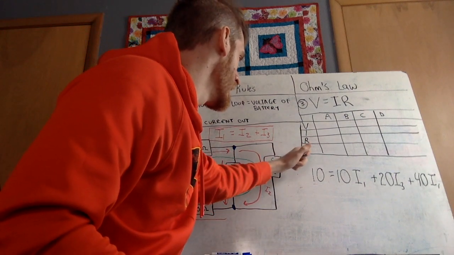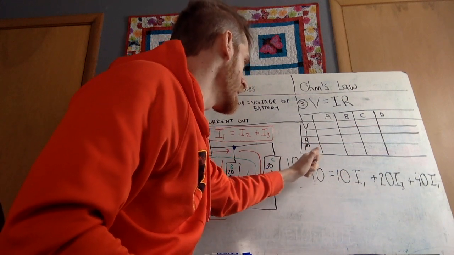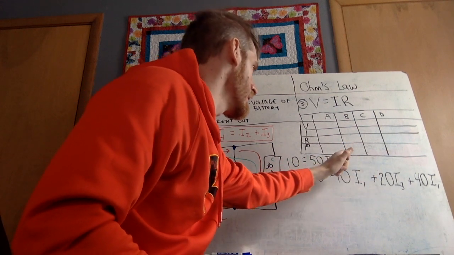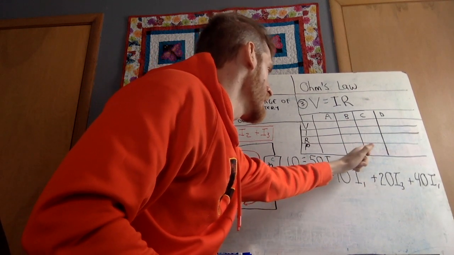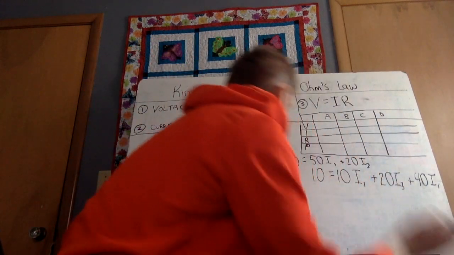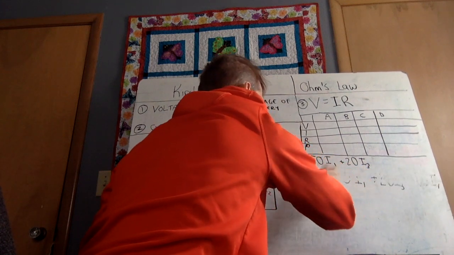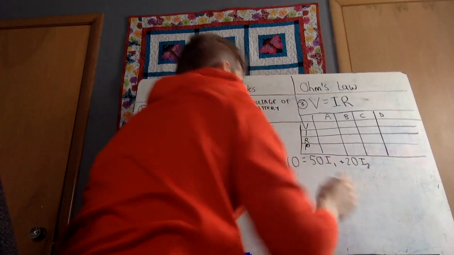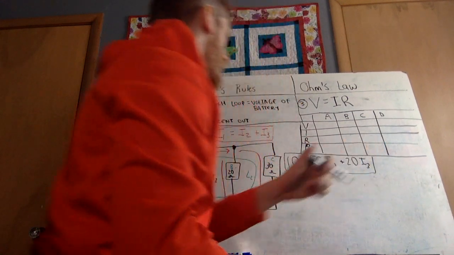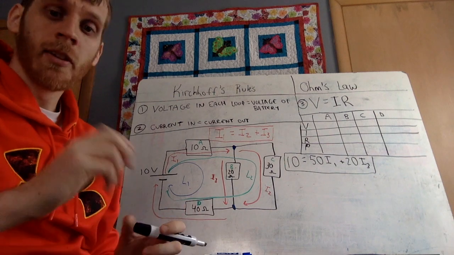Maybe 10 equals 10 plus 40 is 50 I1 plus 20 I3. It made it a little bit cleaner. It's still not solvable at this point because you have two variables in the equation, but it made it a little bit nicer to look at and a little bit easier for us to work with. So now we have two equations. Okay, two equations. Let's look at that last loop.